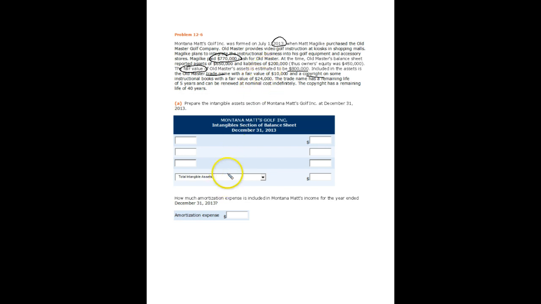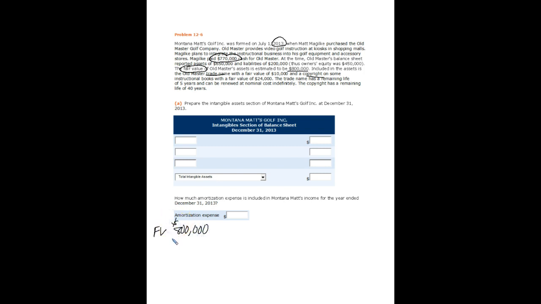But let's look at the purchase price of this business. The fair value of these assets that Matt purchased is $800,000.